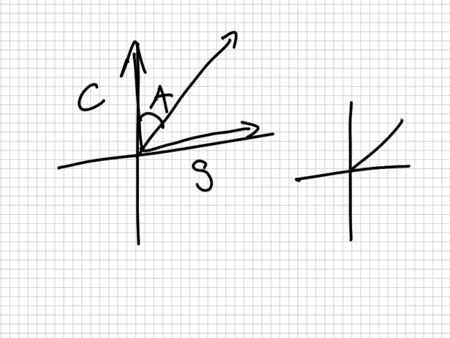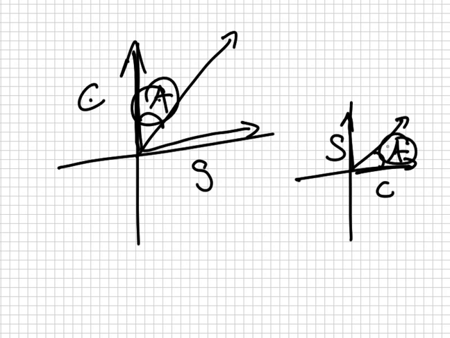But if I measure A here and I want the horizontal and the vertical, this will be cos and this will be sine. In other words, the cos is on the side that touches the angle. The angle touches the vertical, so the vertical is cos. The angle touches the horizontal, so the horizontal is cos. That's a quick way to do it.